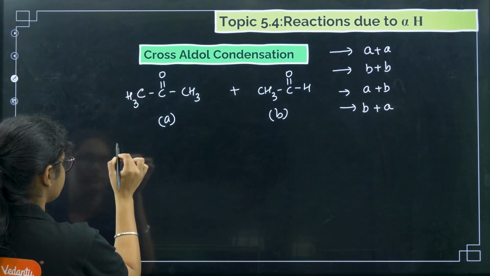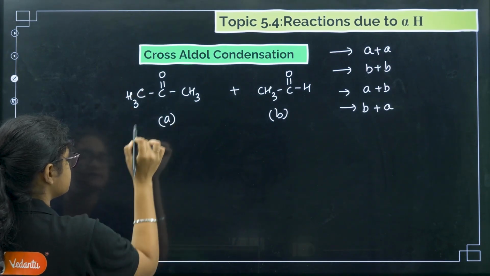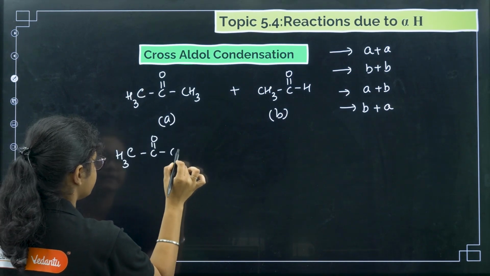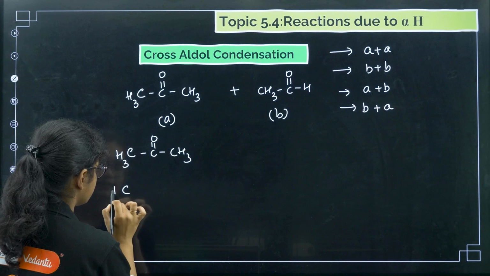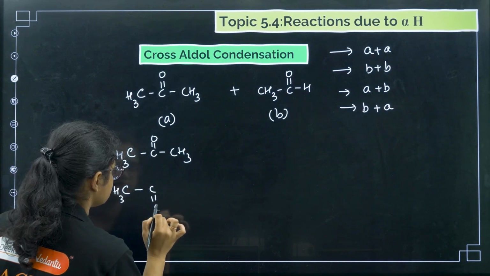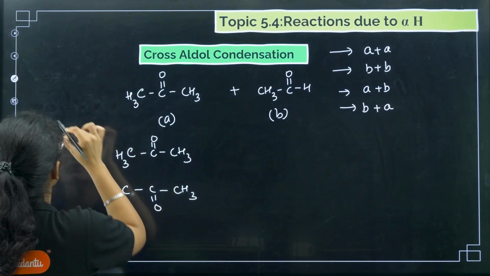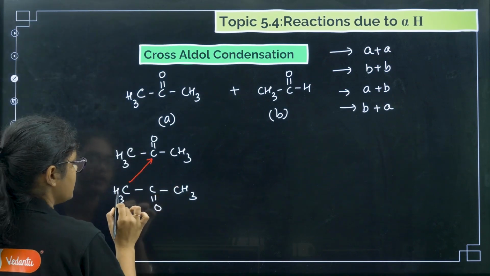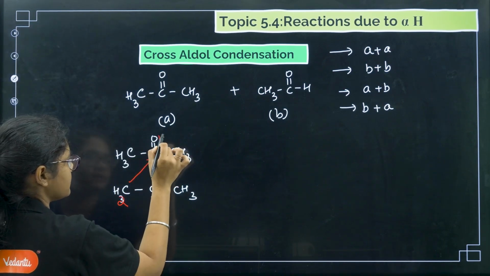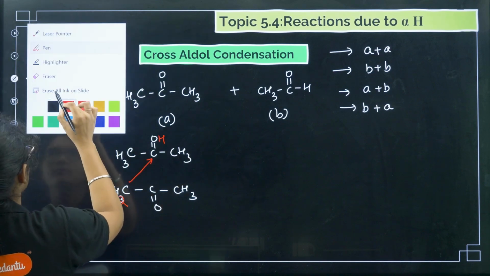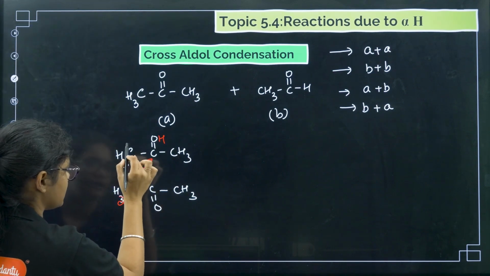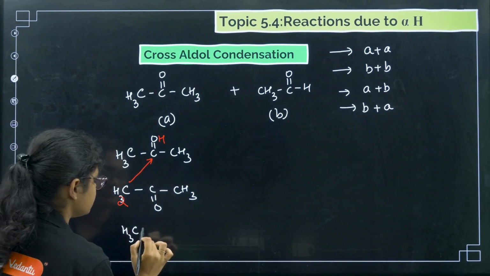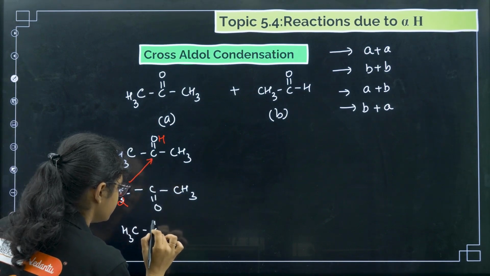So first one, A plus A means this one plus this one. I'll write CH3COCH3, below that again CH3COCH3. Next, what I told you, you need to connect that alpha carbon to this one, remove one H from here and make this one OH. So the final product: I have CH3, then C, here we have OH.